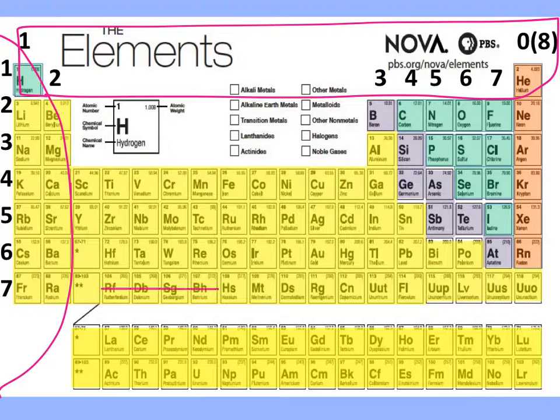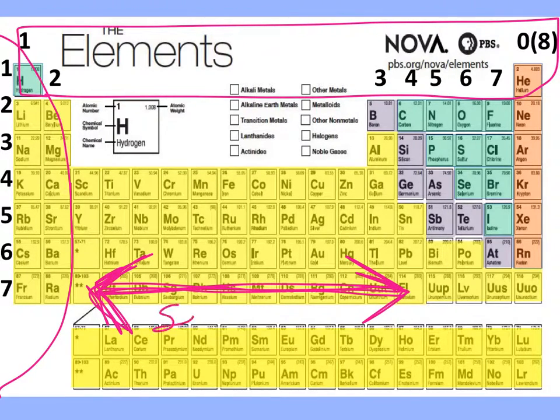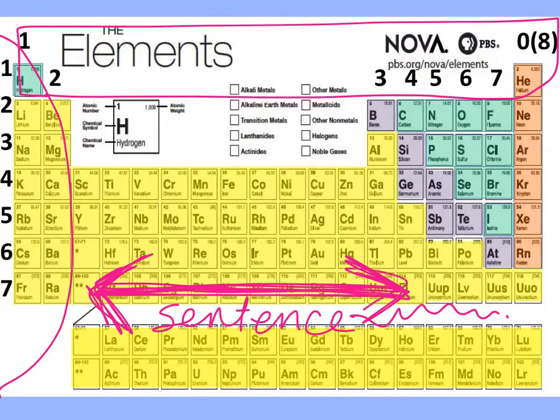Periods run this direction, and I always think about the period at the end of a sentence, right? Sentences run this direction, horizontal. So I'm writing, and here's my period. Because the sentence is horizontal, I remember that periods are horizontal. That's my little clue that I use.